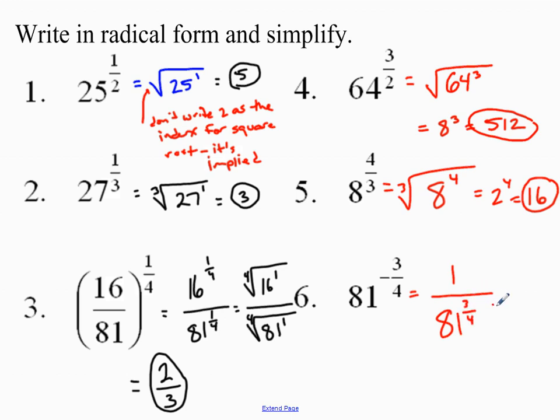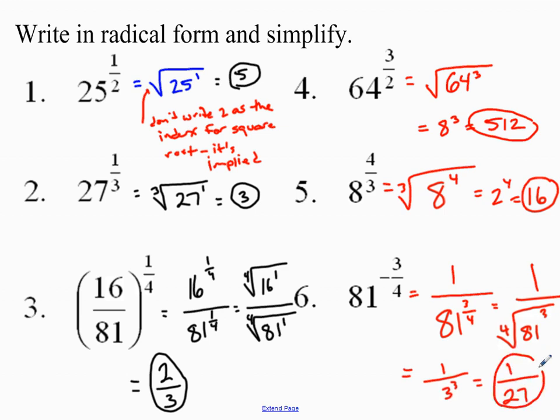Now that it's in the denominator, we can say power over root. So 3 is our power, our fourth root. The fourth root of 81. Remember that? That was over here. That was a 3. So 3 is in the denominator cubed. 3 cubed is 27. So 1/27th is our simplified form.